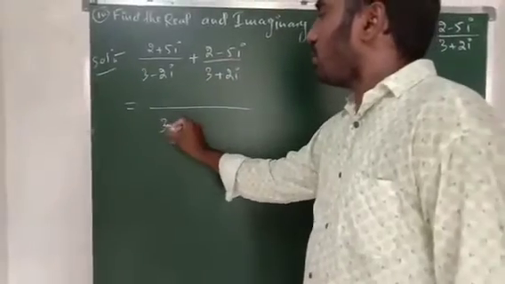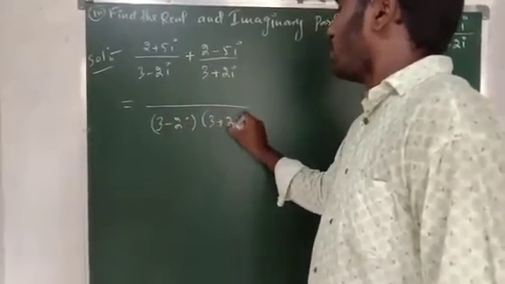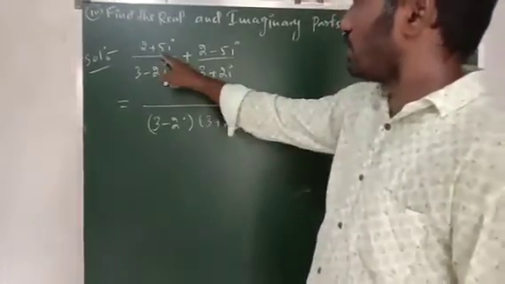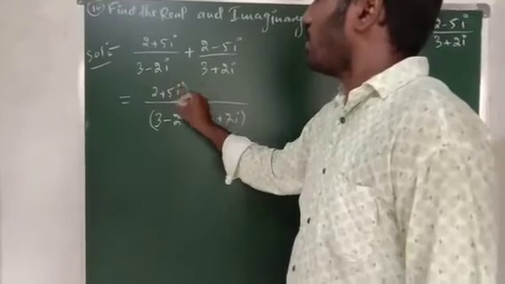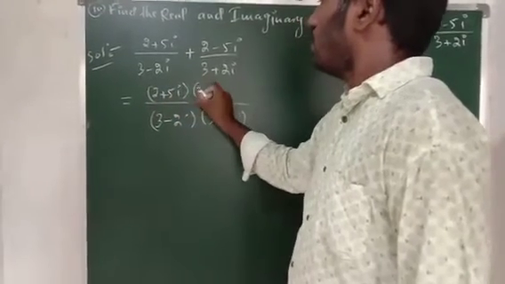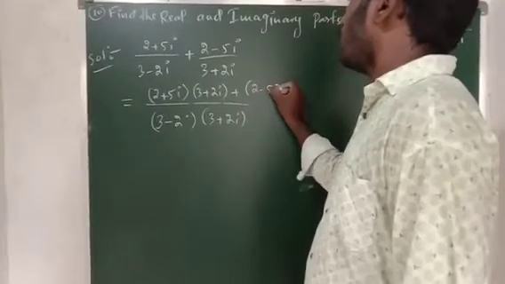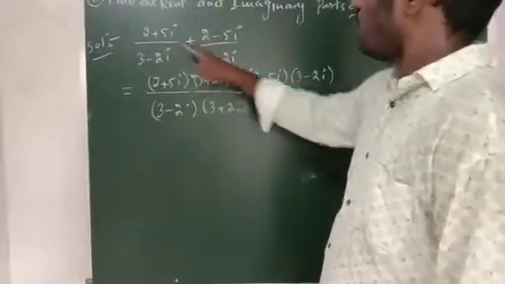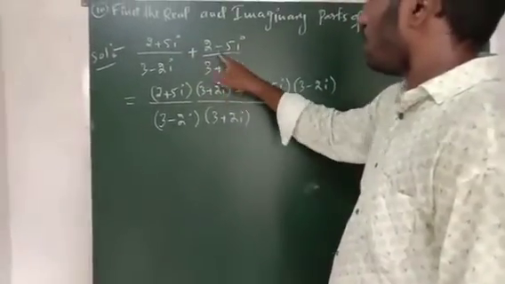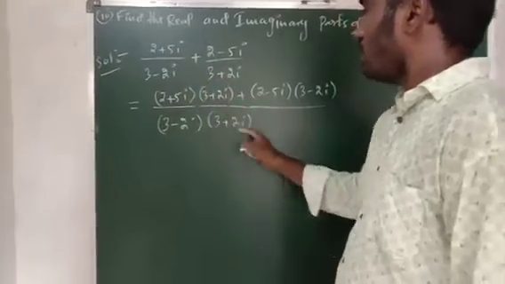The LCM is (3 minus 2i) into (3 plus 2i). Now cross multiplication: (2 plus 5i) into (3 plus 2i), next plus (2 minus 5i) into (3 minus 2i), by (3 minus 2i) into (3 plus 2i).